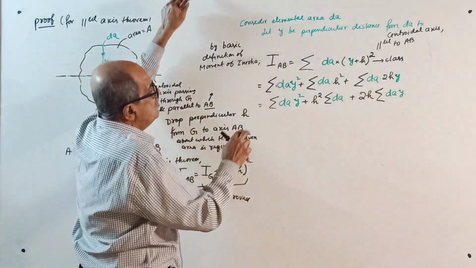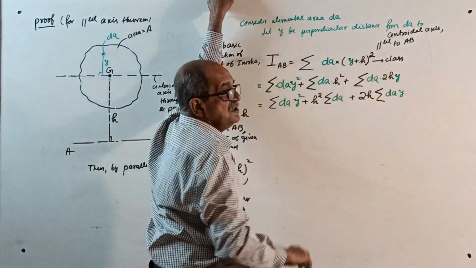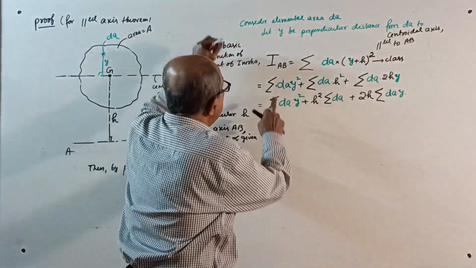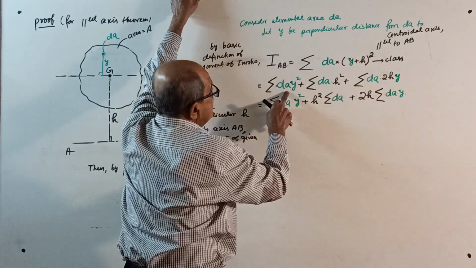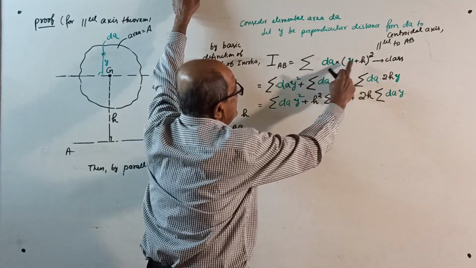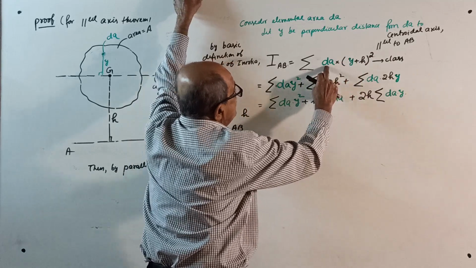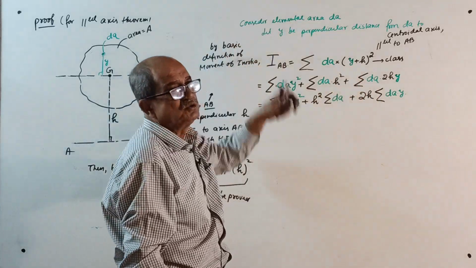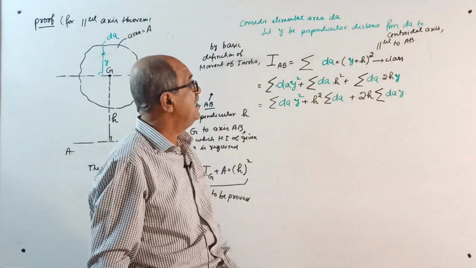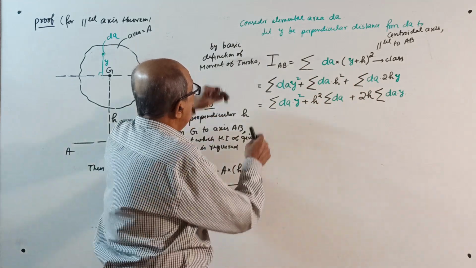This equals sigma dA y square plus sigma dA h square plus sigma dA 2hy. This is (a plus b) whole square, a square plus b square plus 2ab.